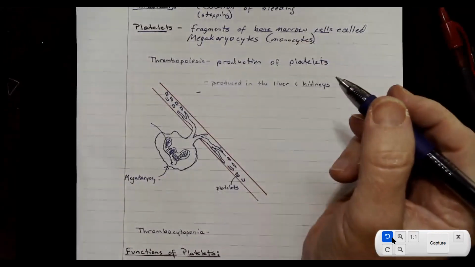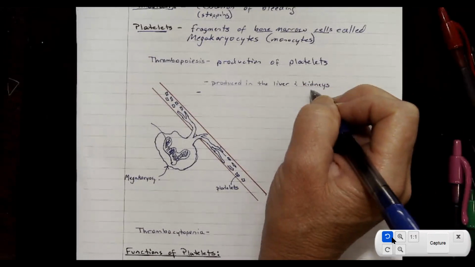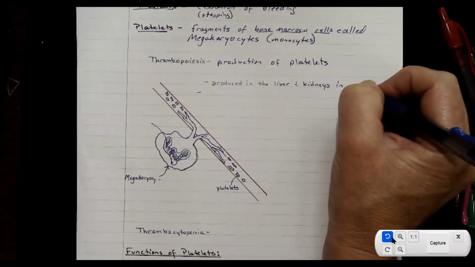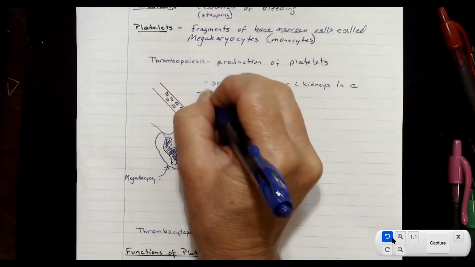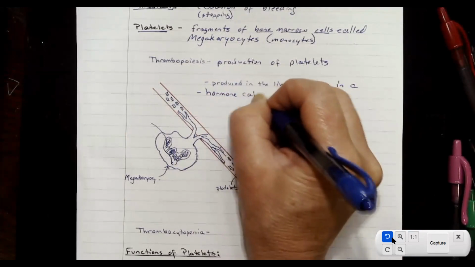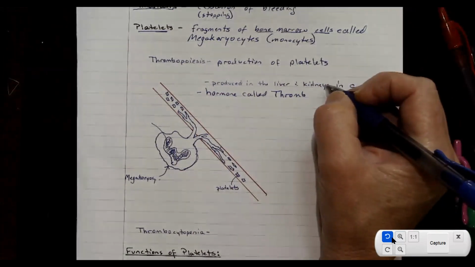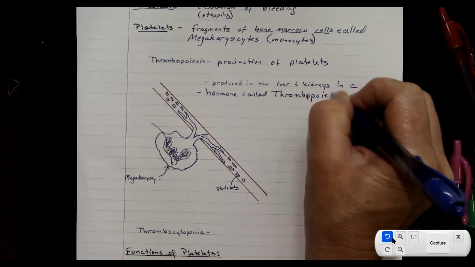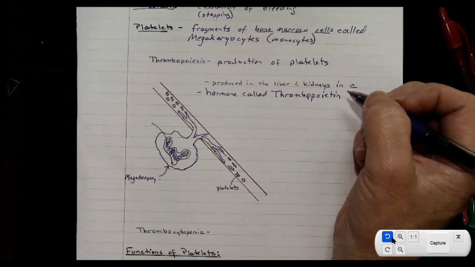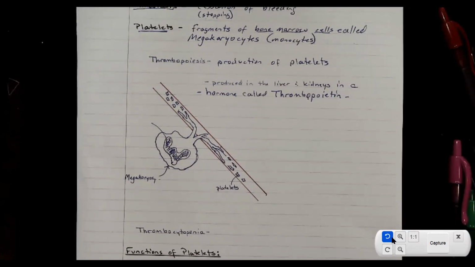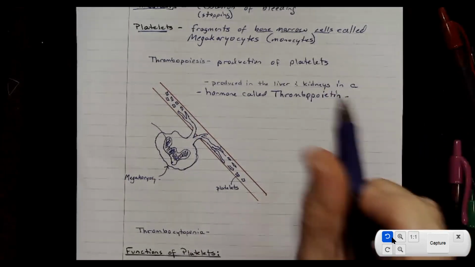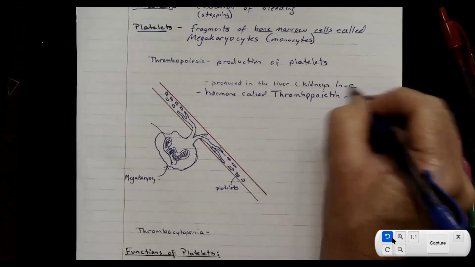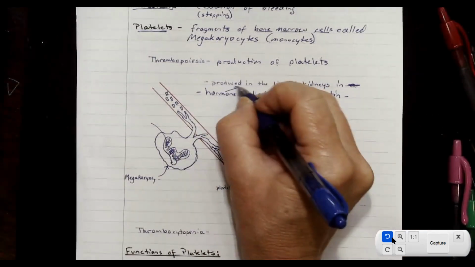A hormone is produced in the liver and kidneys called thrombopoietin.